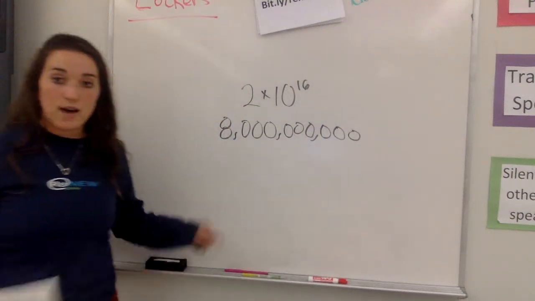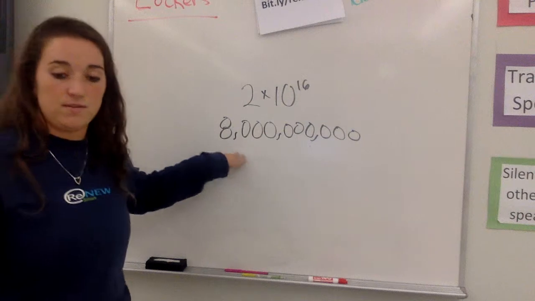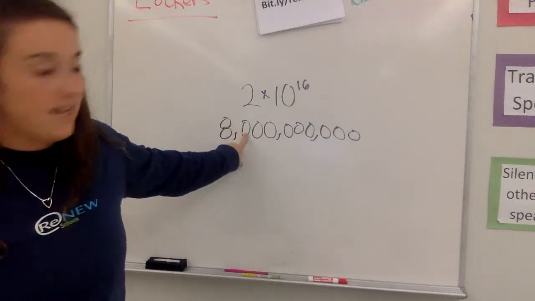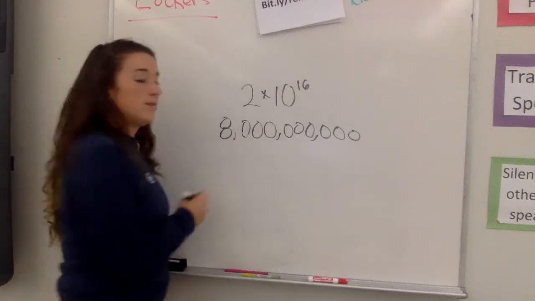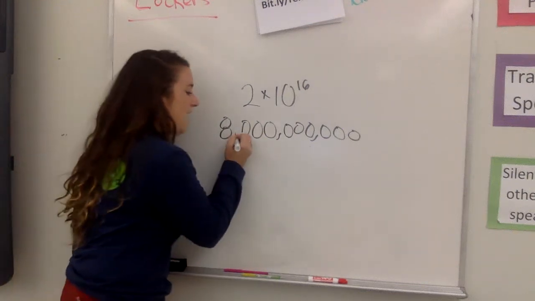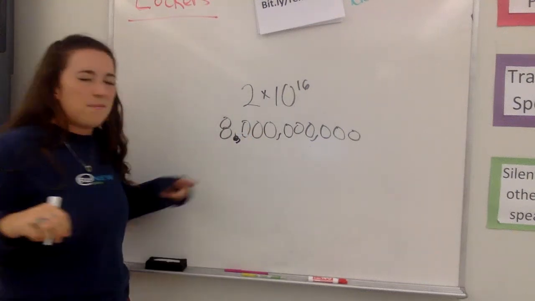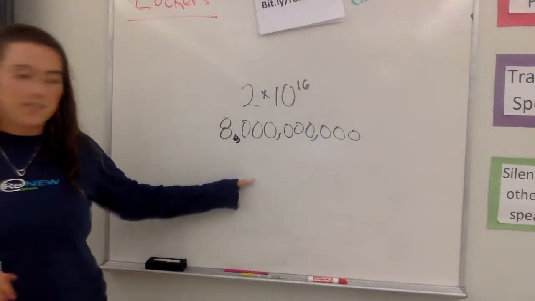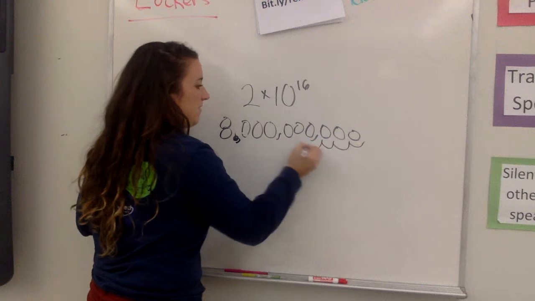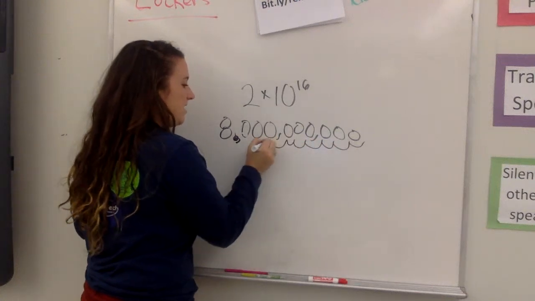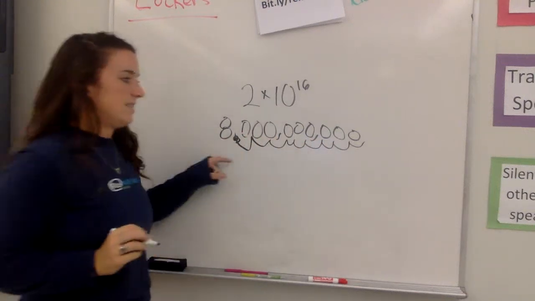No, they are not. So how can I convert this? I need to convert this number to be written in scientific notation. Where is my decimal going to go? Yeah, it'll go right after this 8. How many times did I need to move my decimal in order to get there? I had to move it 1, 2, 3, 4, 5, 6, 7, 8, 9 times.